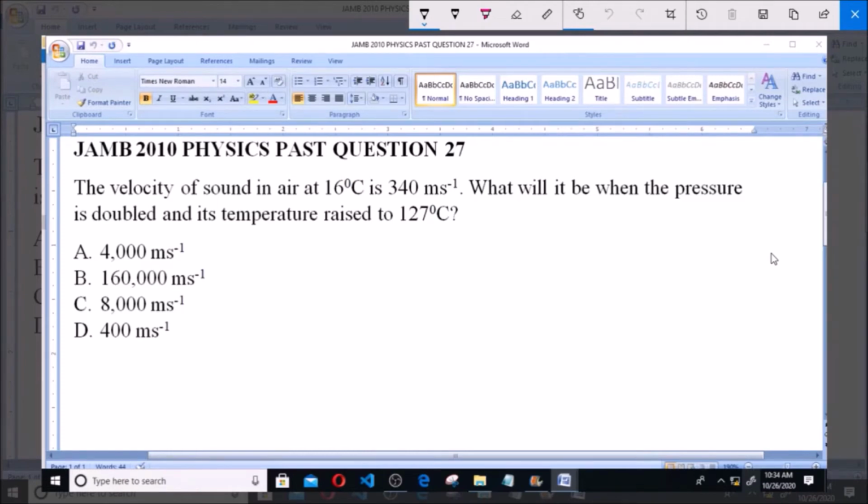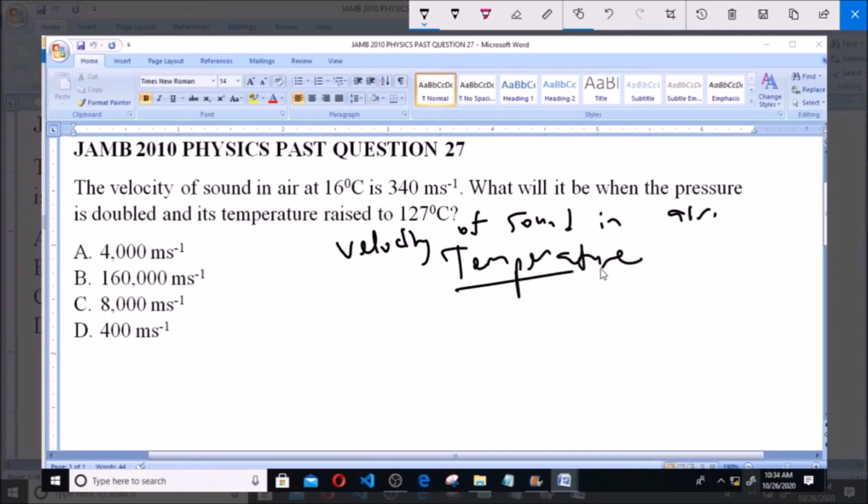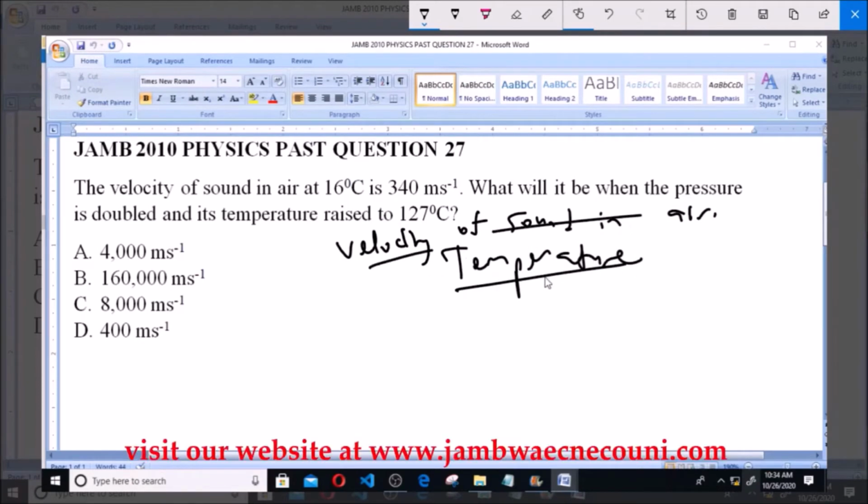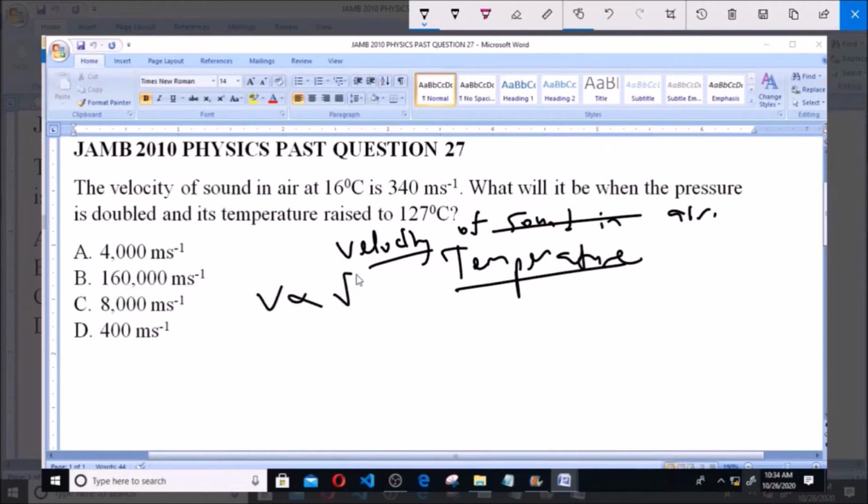Now we are working with velocity of sound in air, and we are looking at the effect of temperature on the velocity of sound in air. Now, this relationship, velocity of sound in air, is directly proportional to the square root of the temperature.